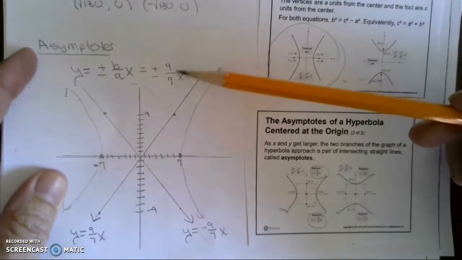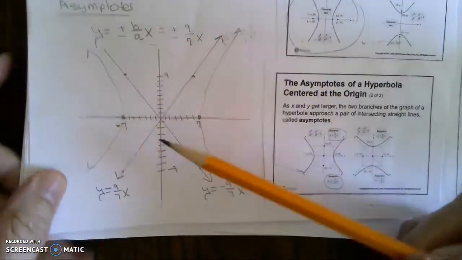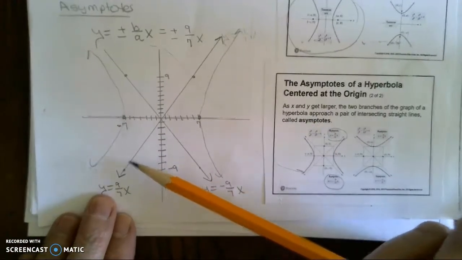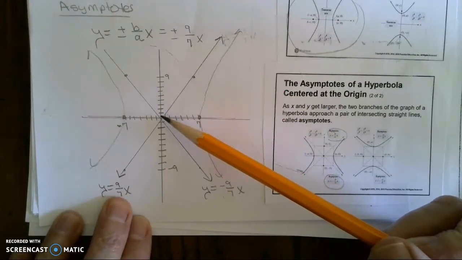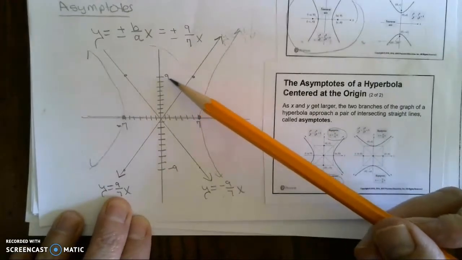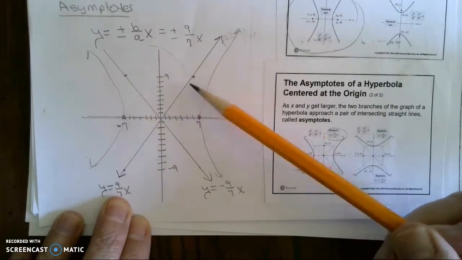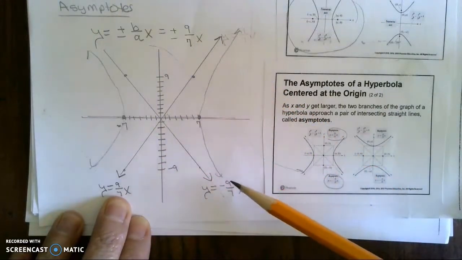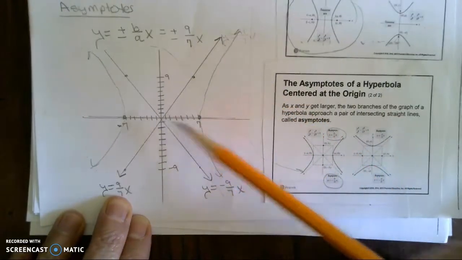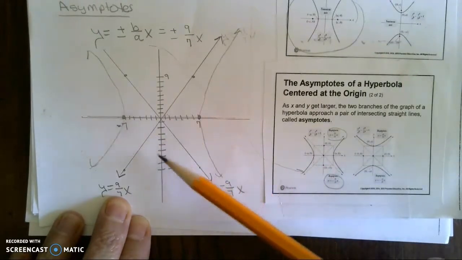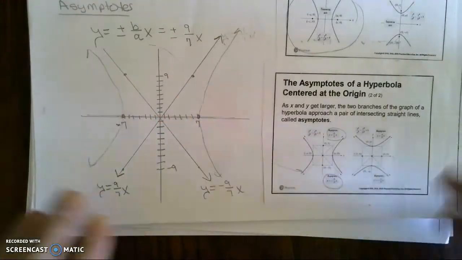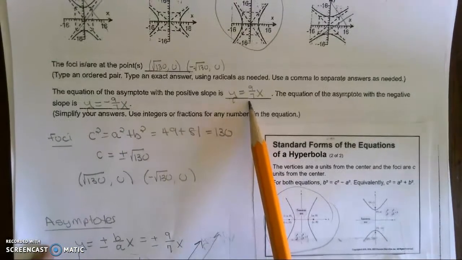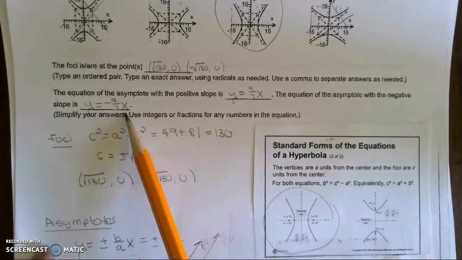So it's basically 9 over 7, plus or minus 9 over 7. So this is plus 9 over 7. So think about it. They go through the origin, and the slope is 9 over 7, so I go up 9 over 7. That's this line right here. And then negative 9 over 7. So if I start at the origin, it's negative, so I'm going to go down 9 and over 7. So this is the other one right here. Okay. So the two asymptotes are 9 over 7 x and negative 9 over 7 x.